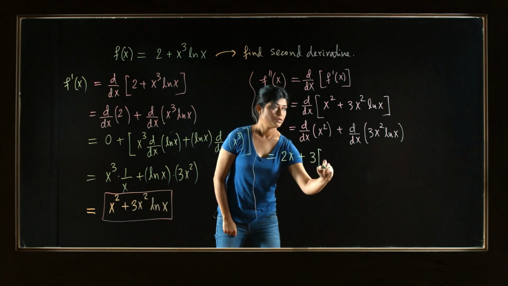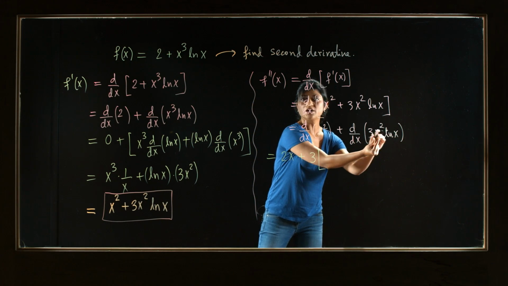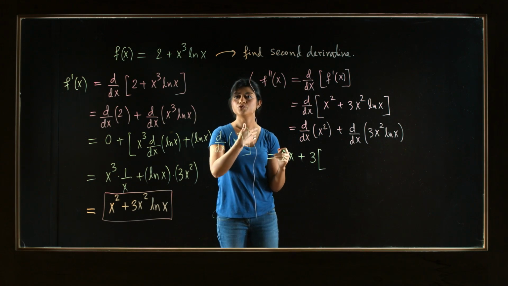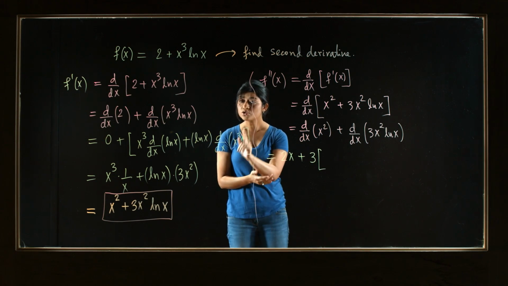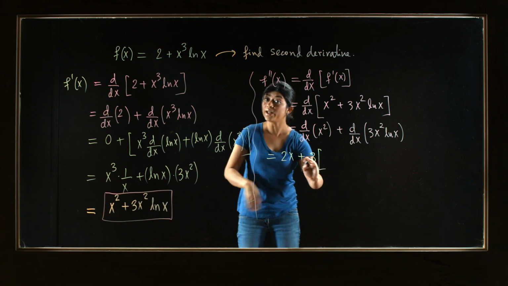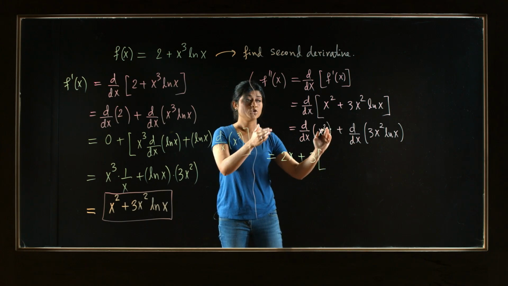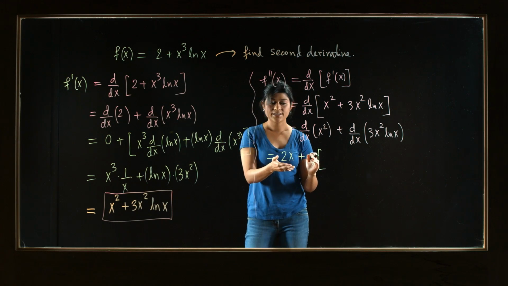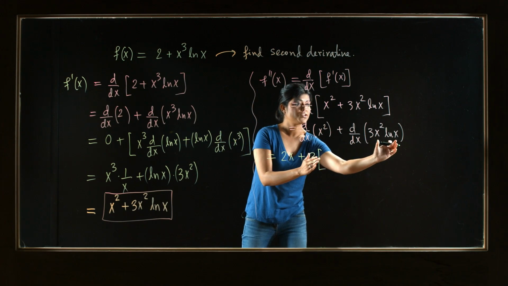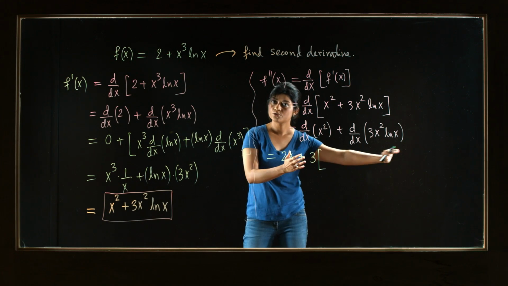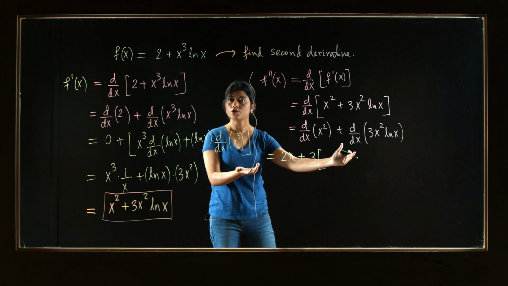And notice we again have a product of two functions, x squared times natural log. So we have to use the product rule again. But also remember, this 3 has to be multiplied to the entire expression. So the best way to not make a mistake is to write down the derivative of this expression inside a bracket and multiply 3 throughout, because there will be two different terms.